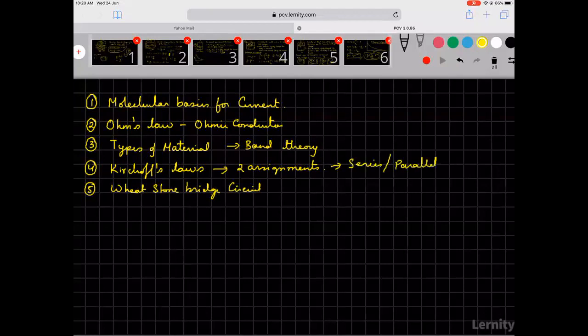Then we worked out the Wheatstone bridge circuit. Then we looked at cells and internal resistance. Then we worked with charging and discharging of capacitors.